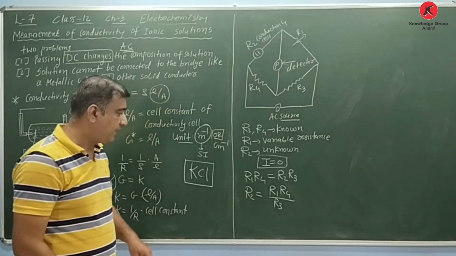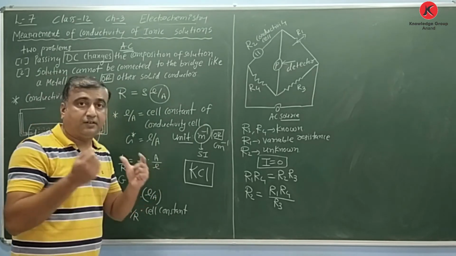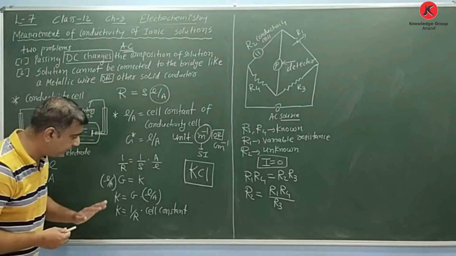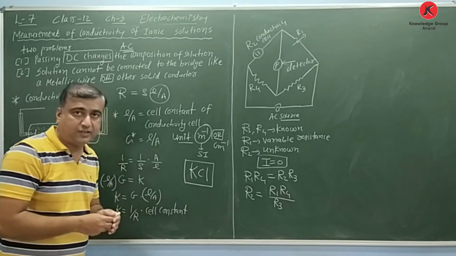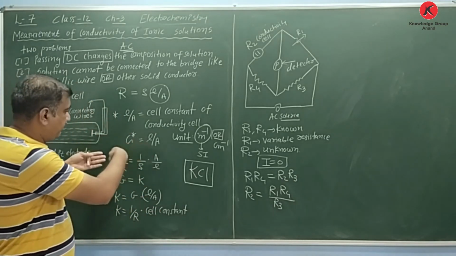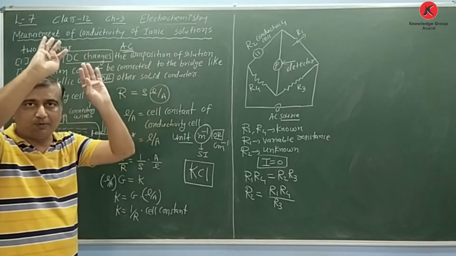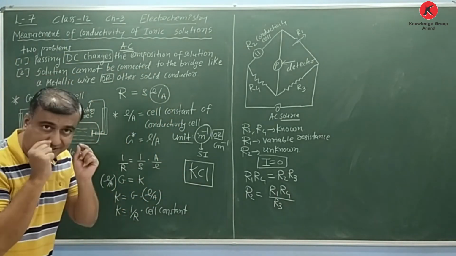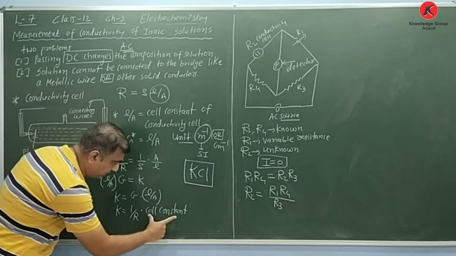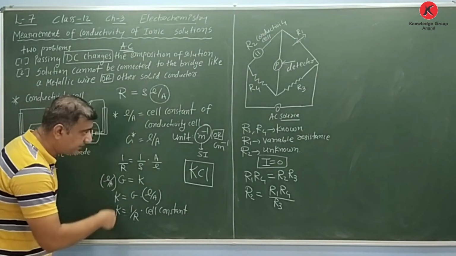Now once the resistance is measured, we use this formula. The cell constant we know using the KCl solution for a given conductivity cell. We have already calculated the cell constant. That means the cell constant is known.